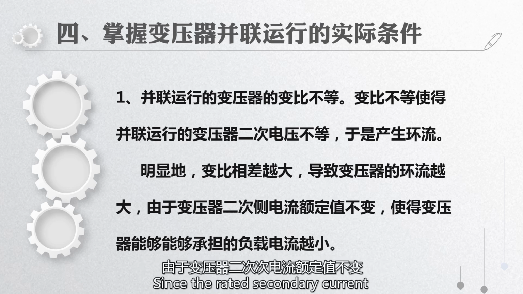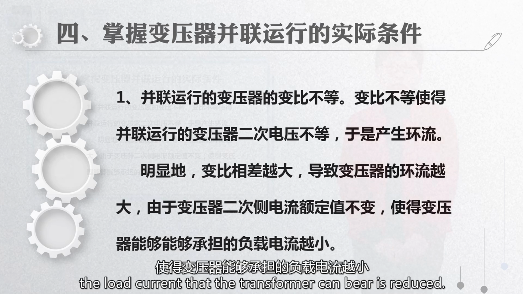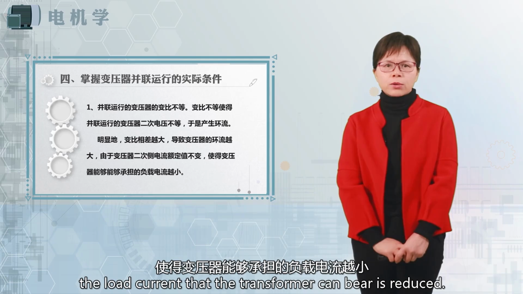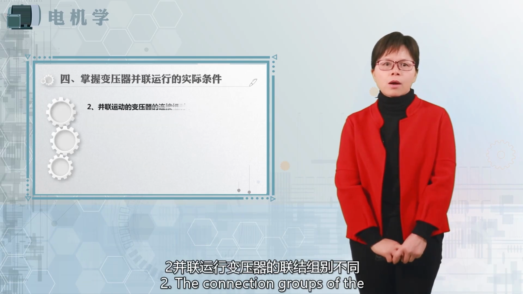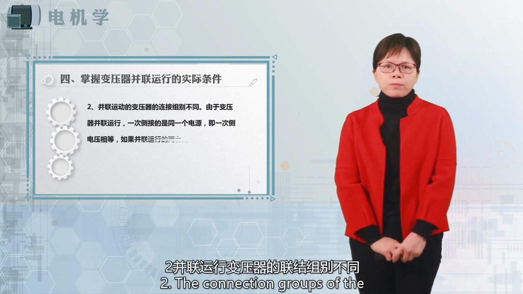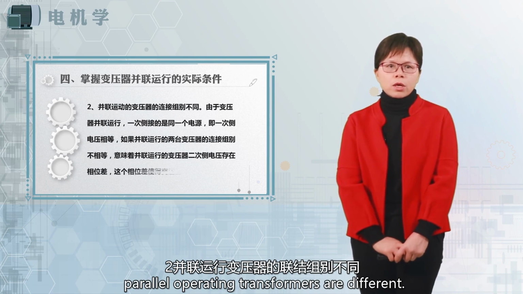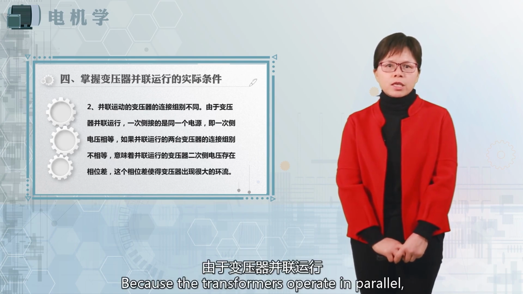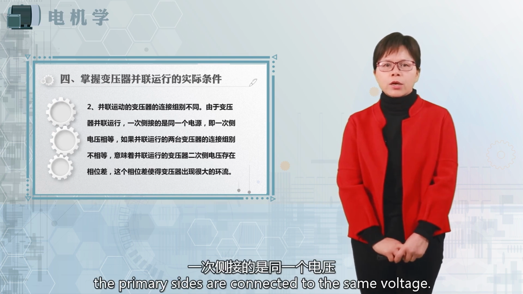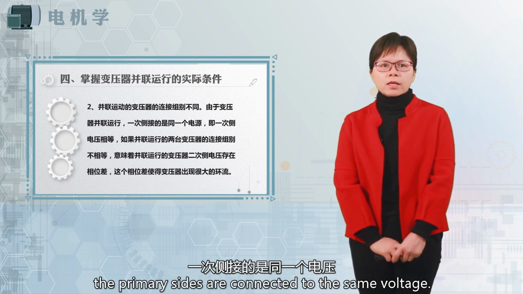Since the rated secondary current of the transformer does not change, the load current that the transformer can bear is reduced. 2. The connection groups of the parallel operating transformers are different. Because the transformers operate in parallel, the primary sides are connected to the same voltage.